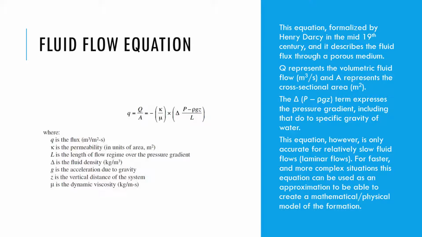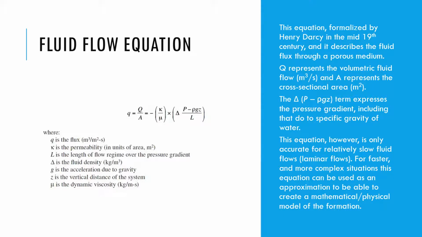Now to start with the equations that are related to this chapter. We're going to start with the fluid flow equation. This equation was formalized by Henry Darcy in the mid-19th century, and it describes the fluid flux through a porous medium, so through whatever geological formation or rock formation.